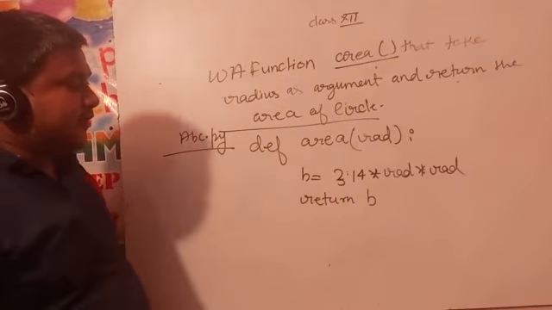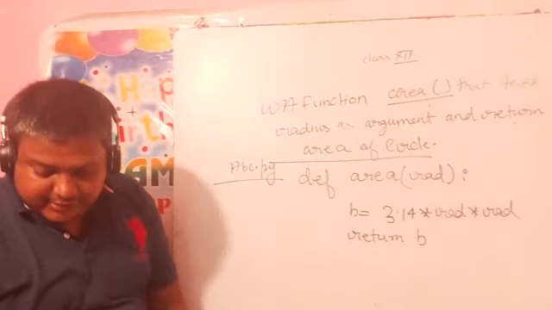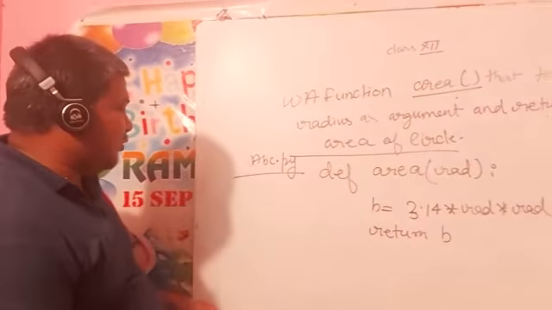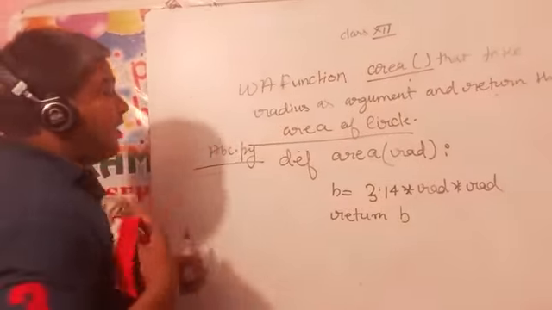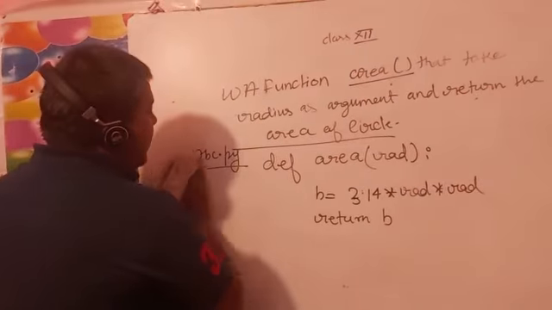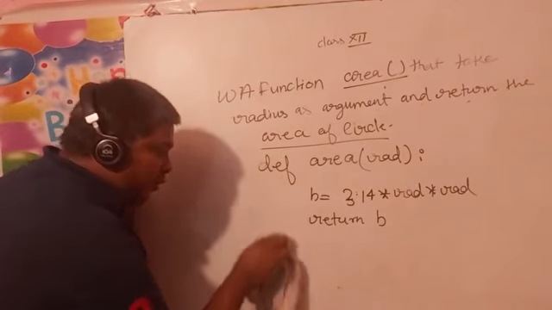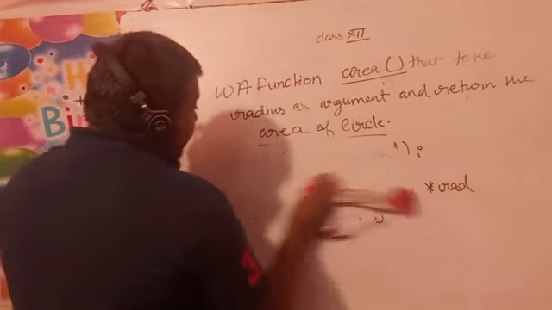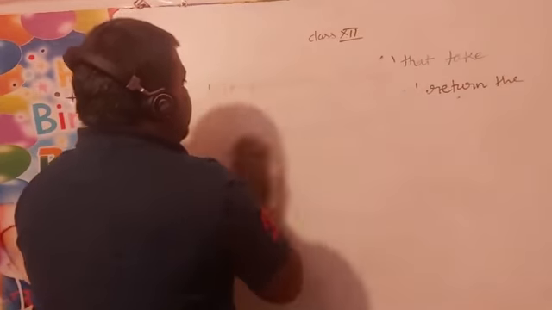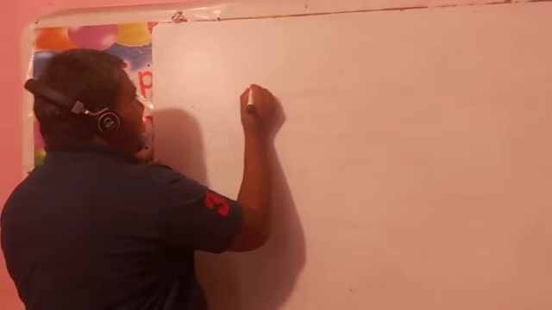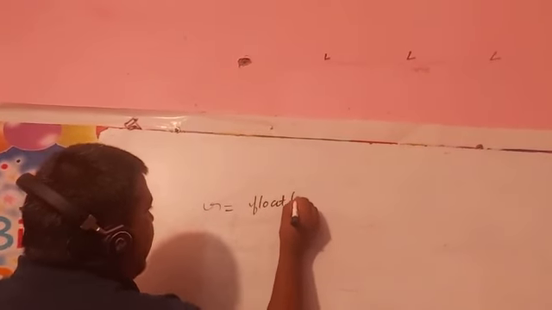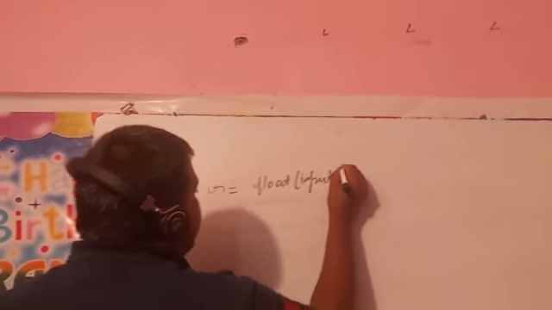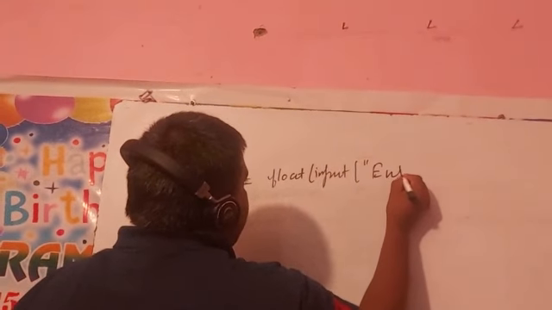After writing these functions, we have to call them, and for calling we need to write the code afterwards. Look here, once again I am going to write the code below because it is downside, we write upside. Here we will take the radius. I will give input r is equal to float input in the bracket, enter the radius.